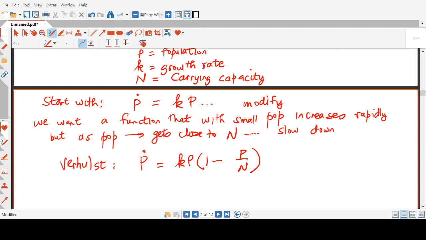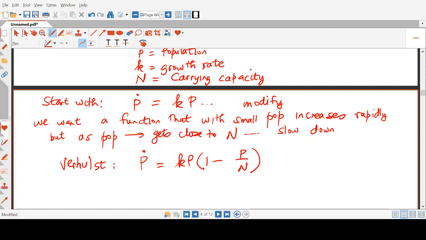Now, when the population gets big, very close to N, there's now lots of people in one small area. Everyone eating the food out and using the water and using up the air. P is getting close to N. What's happening to P over N? So P is very close to N. Like, you can sustain 50 million people, and now you've got 49 million people.